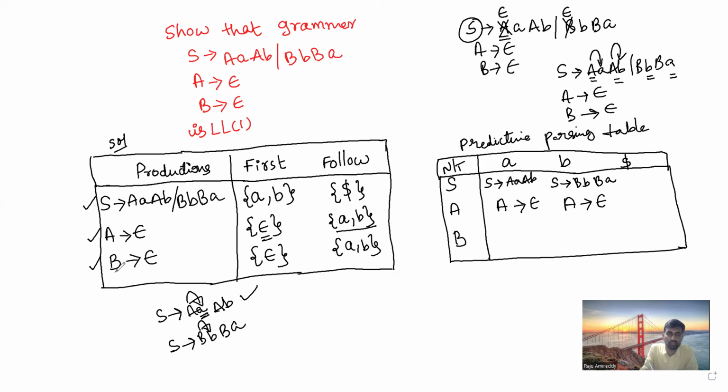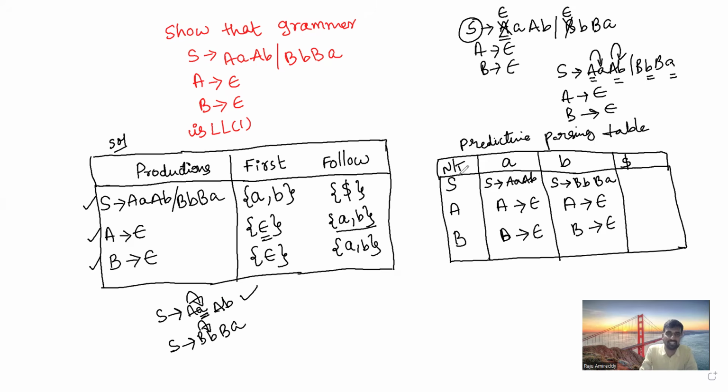Similarly, when you see first of B is epsilon, then you write the follow value of B, which is A, B. So in place of A, you write B goes to epsilon, and in place of B, B goes to epsilon. Okay. So this is the way to produce the predictive parsing table. This is called the predictive parsing table.